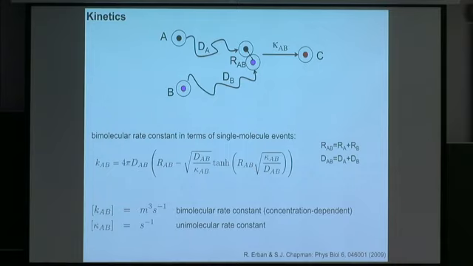So usually what we do is we choose the reaction radius to be a reasonable molecular interaction radius in solvent, which is like 1 nanometer distance, surface distance. So 1 nanometer plus particle radii, and then determine the reaction rate.